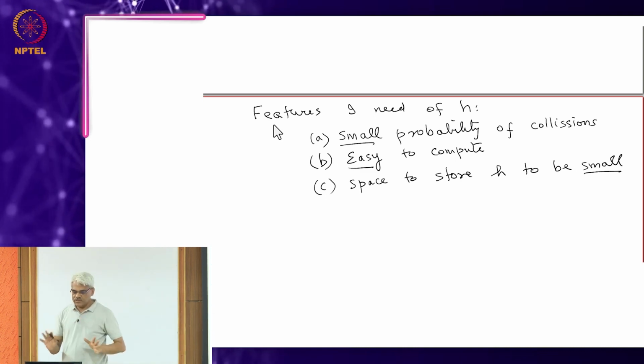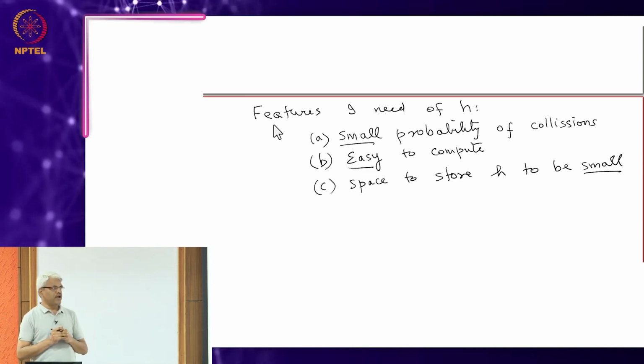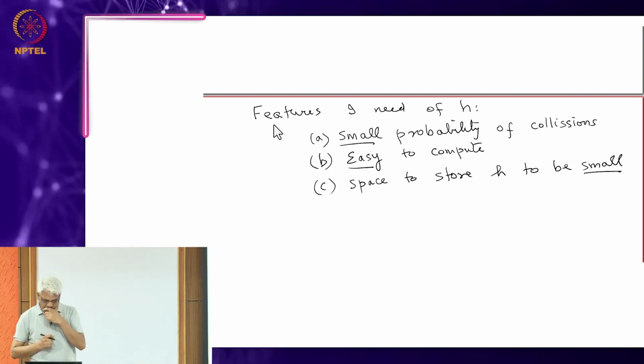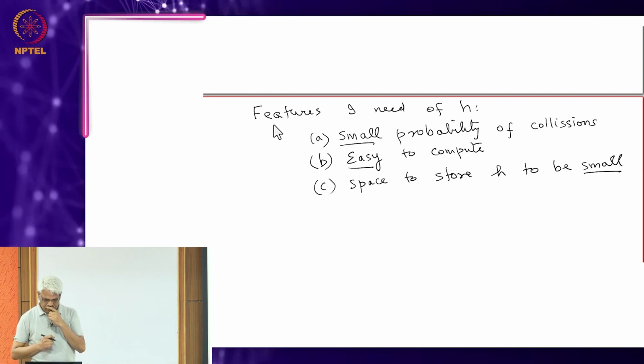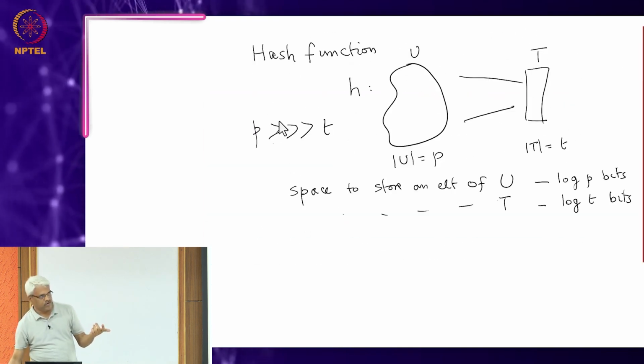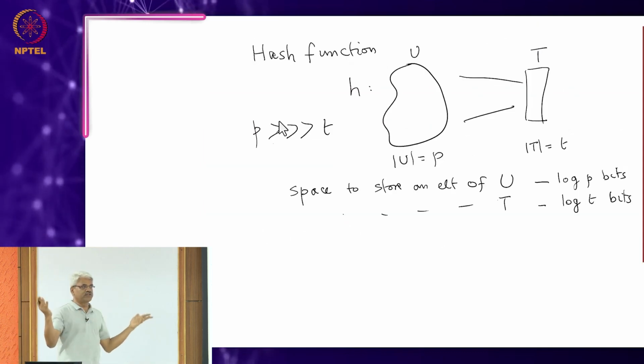Okay. So now I am going to think in terms of finding functions which have these nice properties. Now U is this universe which is coming, and I have no control over it. Somebody is giving me this user defined data.